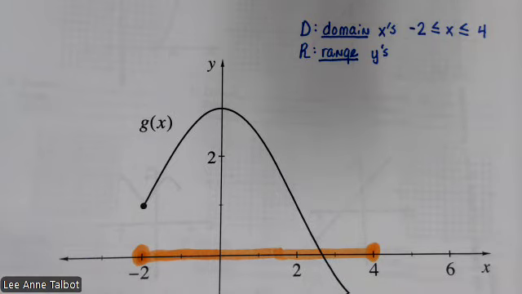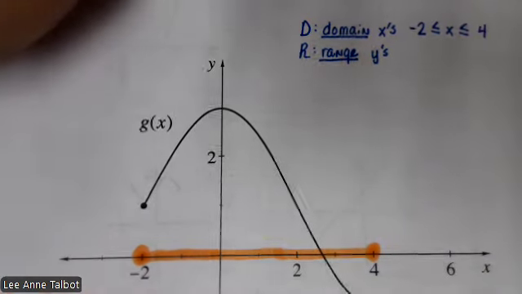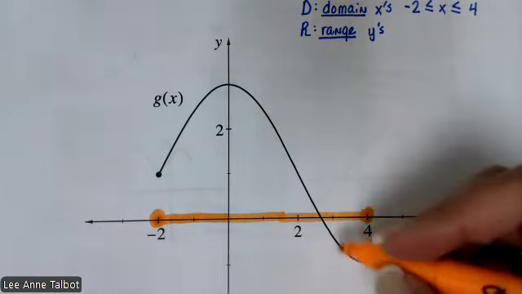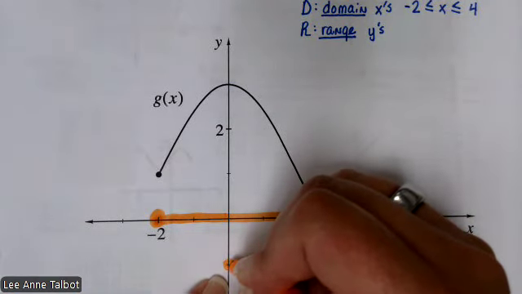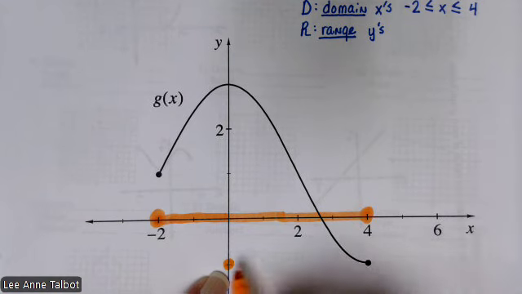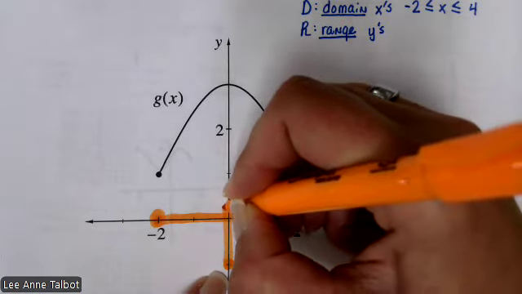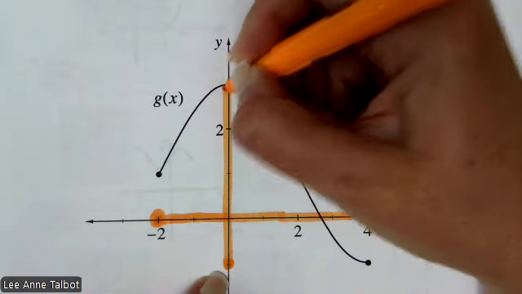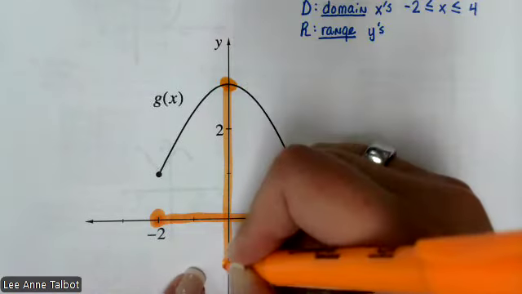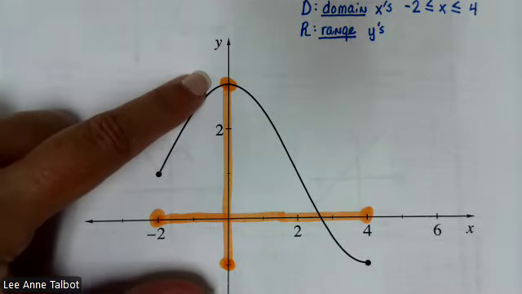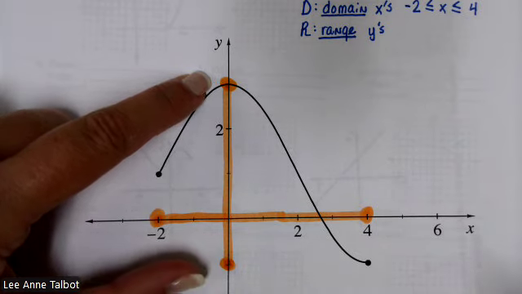Okay, the range is the Y's. So for the range, what you want to do is locate the very bottom of your graph, which is down here, and make a dot. And when we draw for the domain and range, we're always going to do it straight on the axes. And then the curve goes here, here, here, here. And the very top is there. Okay.